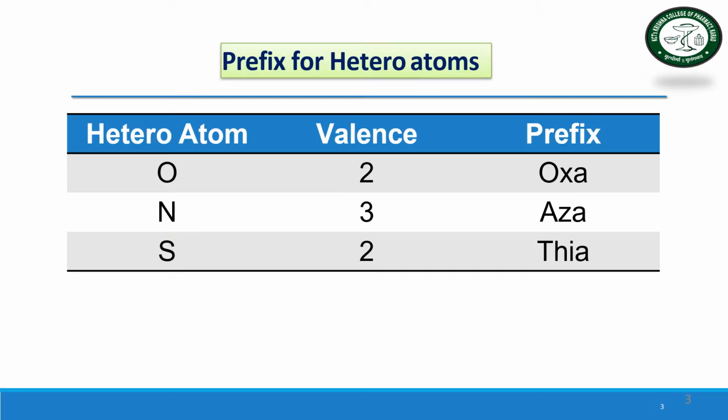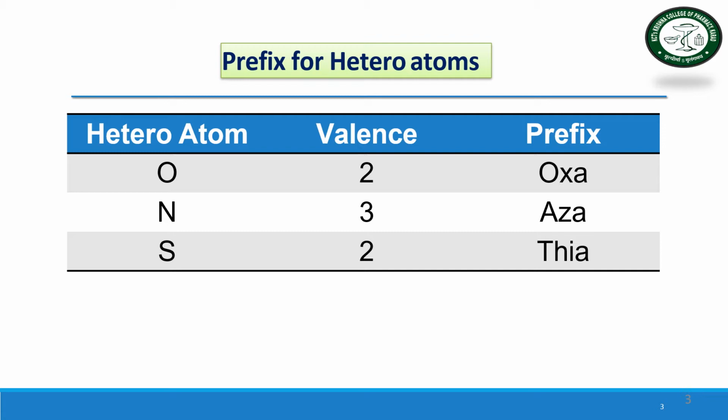Next, very important: what are the prefixes used when heteroatoms are present in the heterocyclic ring? First, a heterocyclic ring containing oxygen. O indicates oxygen. The valency of oxygen is 2.